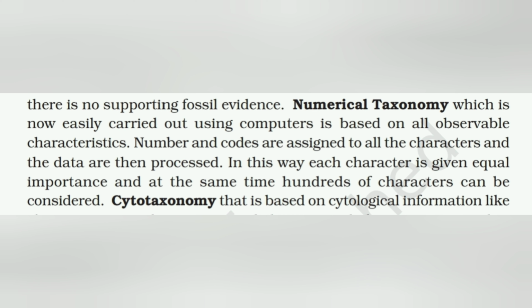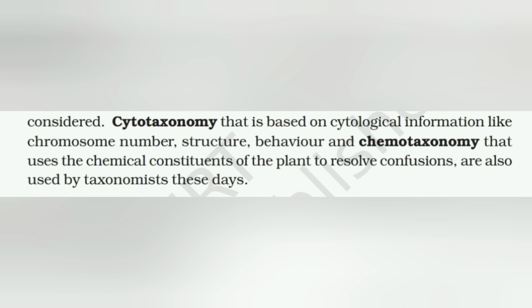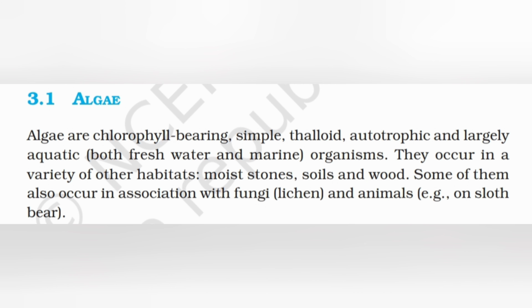In this way, each character is given equal importance and at the same time hundreds of characters can be considered. Cytotaxonomy is based on cytological information like chromosome number, structure and behavior. Chemotaxonomy uses the chemical constituents of the plant to resolve the confusions and is also used by taxonomists these days. Let us start with the first division, algae.